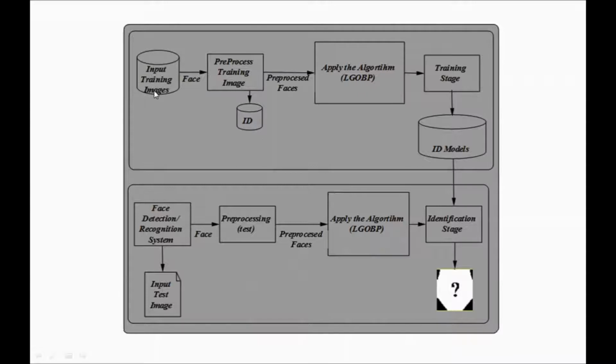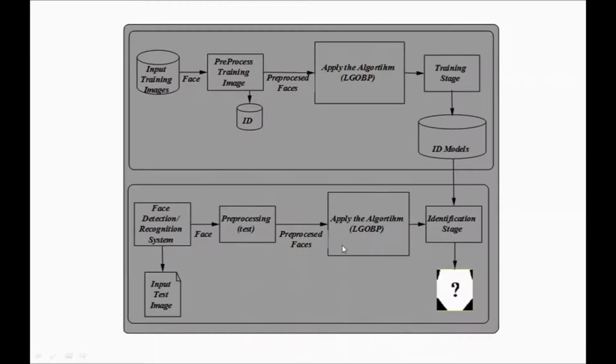See, input training images, this is one component. Pre-processed training image, that is one component. Apply the algorithm. I told you, along with those diagrams, you need to select the algorithm also. Training stage, one step. ID model, one step. Identification step, one subsystem. Apply the algorithm again, one subsystem.